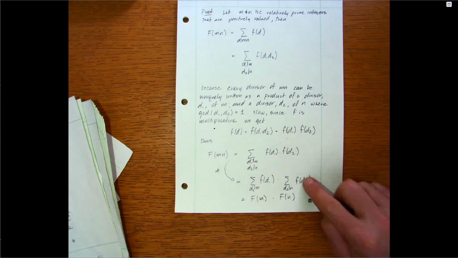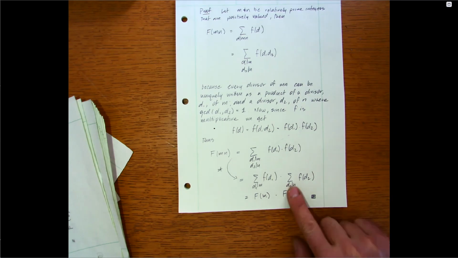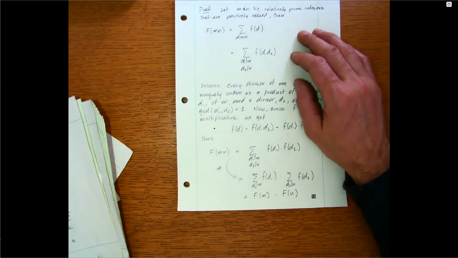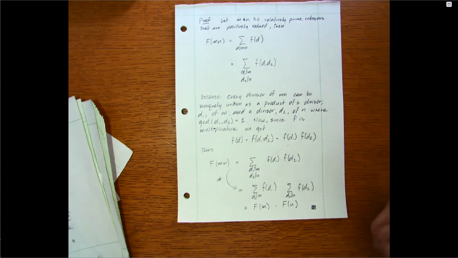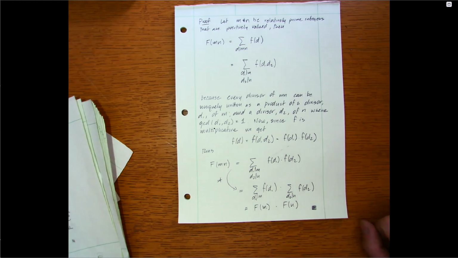And once we get to that stage, we can recognize that this guy is just F of n, right? Divisors of n, F of n. Well, that's what big F is defined as. And again, F of m here, all the divisors of m evaluated in some multiplicative function. So indeed, big F is multiplicative.